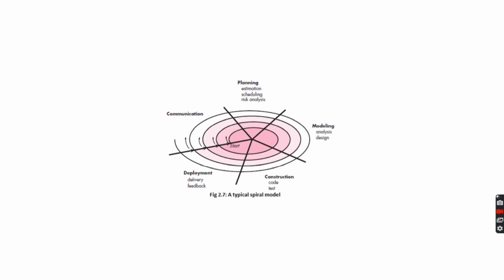So this is a graph indicating what a typical spiral model looks like. As you can see in the graph, there is a sequence of spirals formed from the starting point to number 1, number 2, until number n, including all the five factors in mind, that is communication, planning, modeling, construction and deployment.